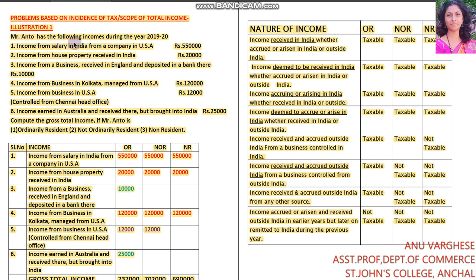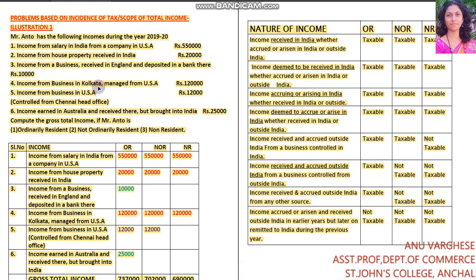Mr. Anto has the following incomes during the year 2019-20. Income from salary in India from a company in USA, rupees 5,50,000. Income from house property received in India, rupees 20,000. Income from a business received in England and deposited in a bank there, rupees 10,000.